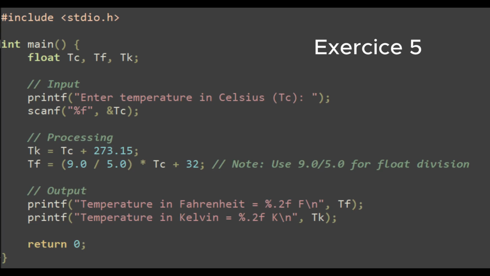Explanation: the code performs standard conversion. Critical detail: in the C code provided in the source, the division is written as 9.0/5.0. This is crucial because writing 9/5 in C results in integer division, which equals 1, causing an incorrect calculation. Adding the point 0 forces the compiler to treat them as floats.